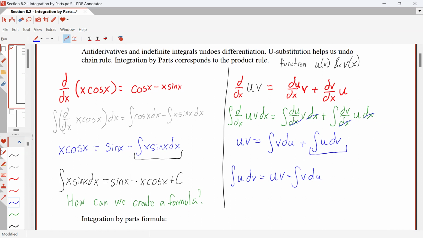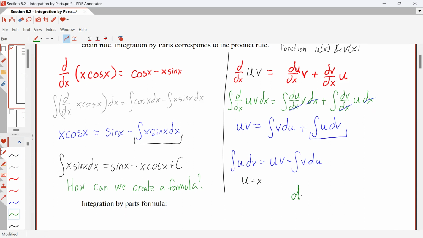Now, with all these u's and v's, that formula doesn't look like it's doing much, but if I compare back to what we already have, the x sine x dx, if I said u equaled x, and dv equaled sine x dx, then taking the derivative of u, du equals dx, and v will be the integral of sine.